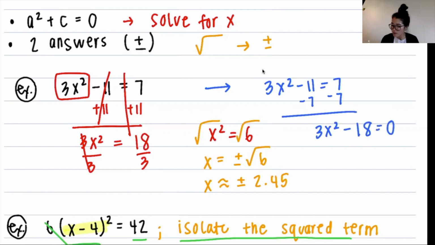In this case, you would have 3x squared plus 0x minus 18. And so you could plug that into the quadratic formula. You can also notice that 3 and 18 have that factor of 3, so you could also factor. Like I said, a lot of your methods can be used interchangeably, but it is good to have that knowledge of how to do the different ones.